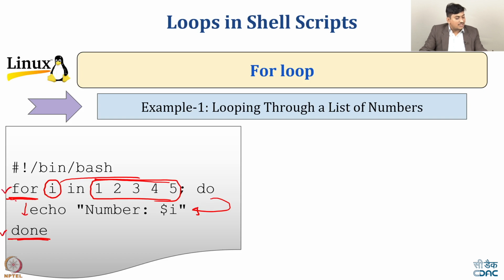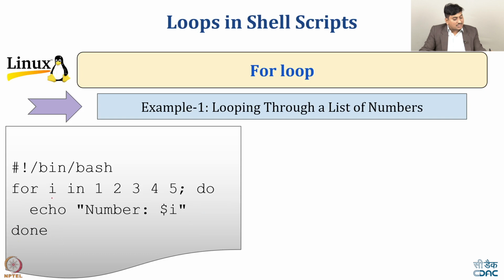So it starts with the for keyword and ends with the done keyword, and whatever values or arguments we pass here, it will keep on iterating through them, and for those many number of times it will keep iterating within this particular section.